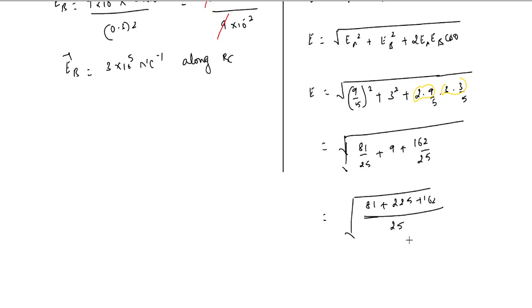If I solve this, just solve and see it, the answer will be equal to 4.33, and this 10 power 5 here also, not to forget it, 10 power 5 here into 10 power 5 Newton per Coulomb. So this is the required answer.